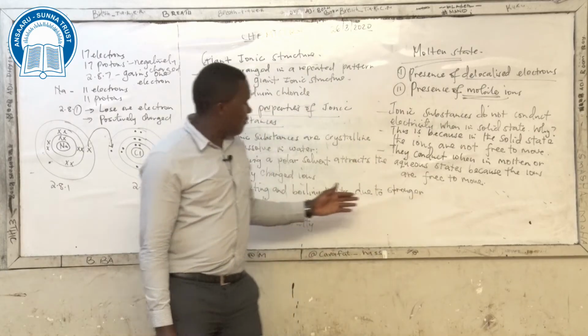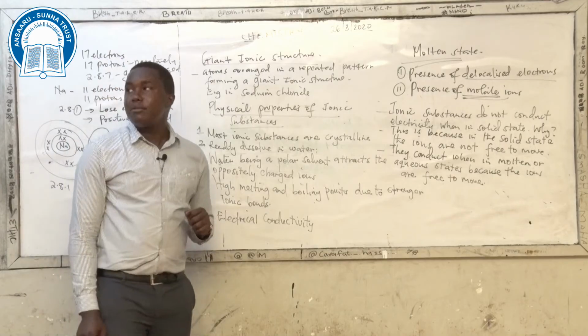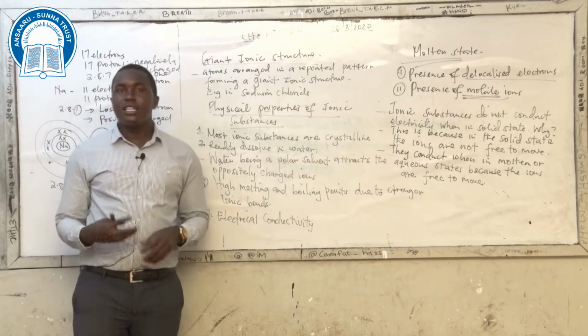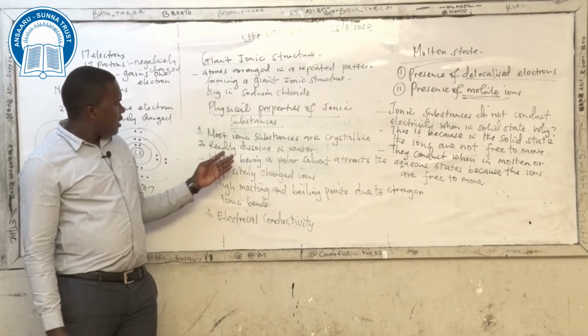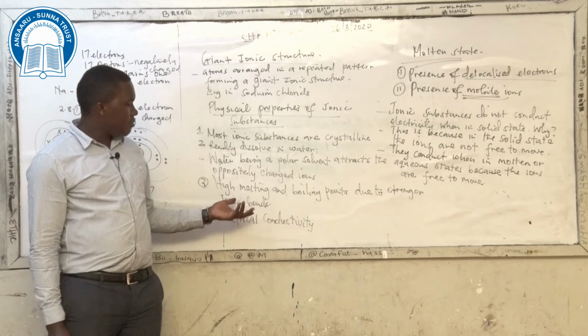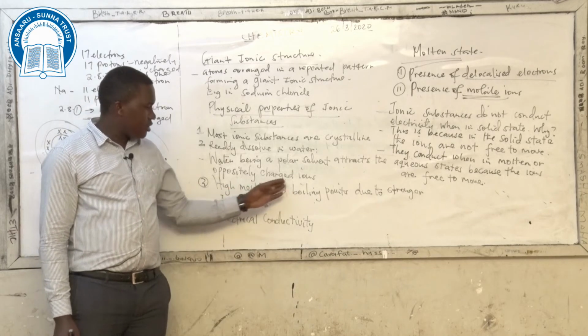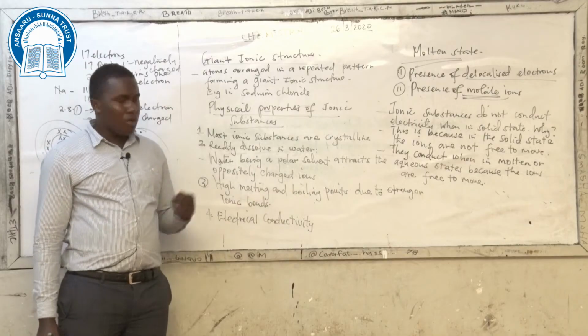So these are the main physical properties. Most of them are crystalline. That means they are in solid or crystal form under normal room temperature and pressure, and readily dissolve in water. We have said they are soluble in water because of the charged ions which are attracted by the polar water molecules.